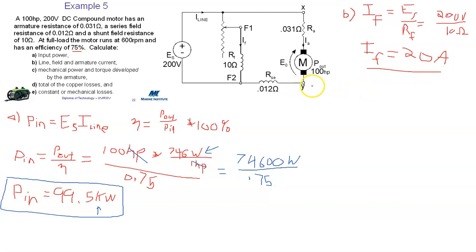Next, from P in equals ES times I line, we can say that I line is equal to P in, and if I move ES to the other side, it goes under, so I have P in divided by ES.